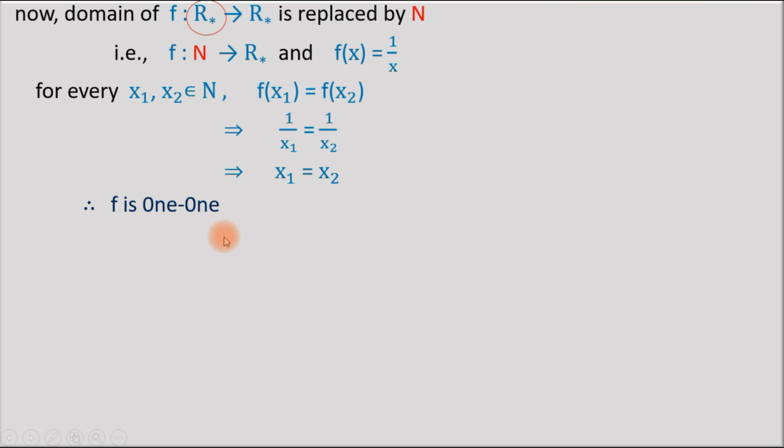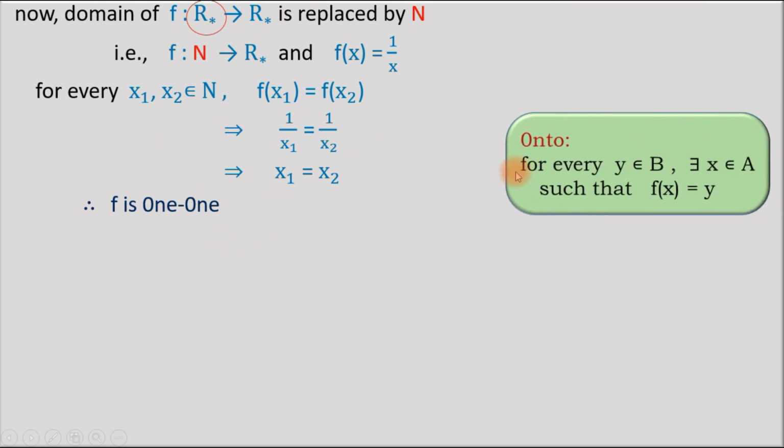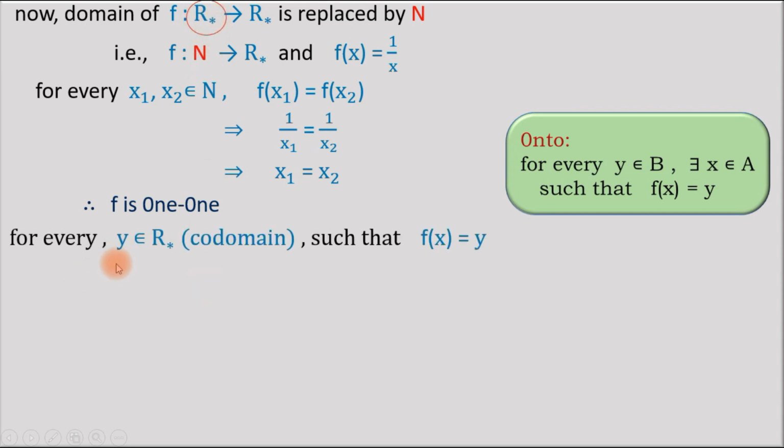Now check for the onto condition. For every y belongs to codomain, there exists x belongs to A domain such that f of x equals y. So the new domain of this function is N, replacing R star. Now for every y belongs to codomain such that f of x equals y, we need to check whether x belongs to domain N or not. Since f of x equals 1 by x, this becomes 1 by x equals y.